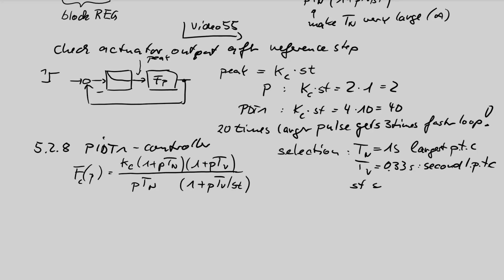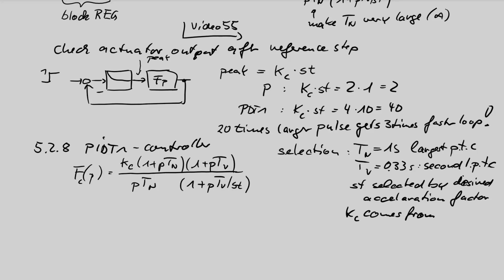Step depth is selected by the desired acceleration factor. And Kc comes from the Nyquist final equation.